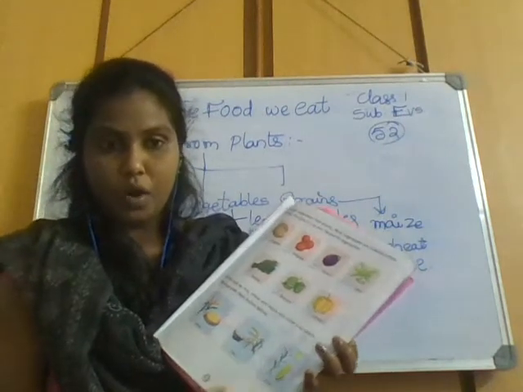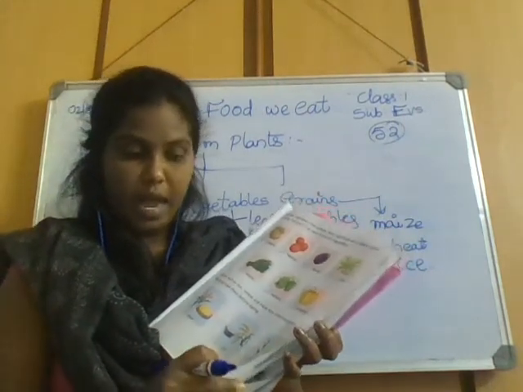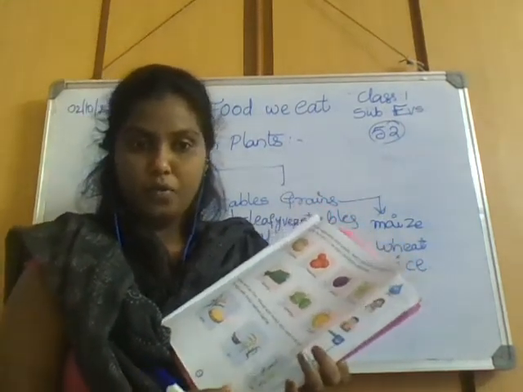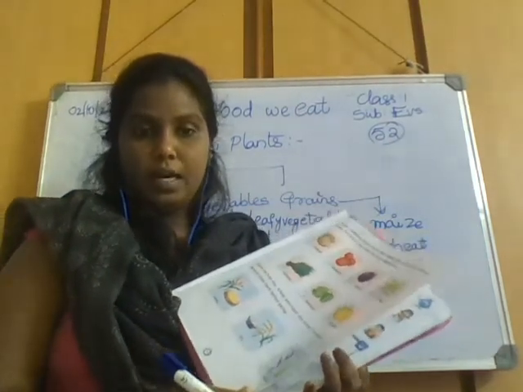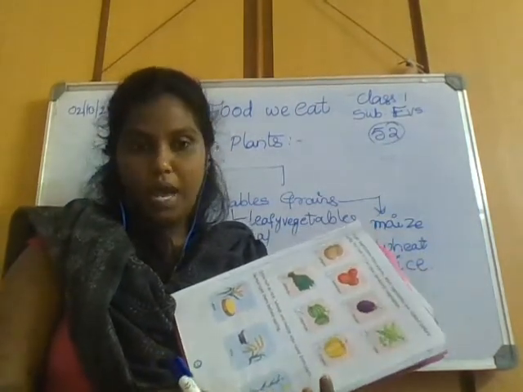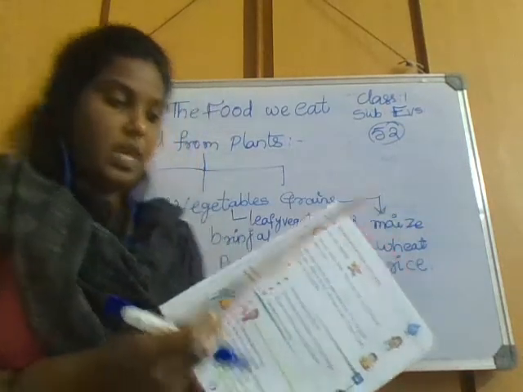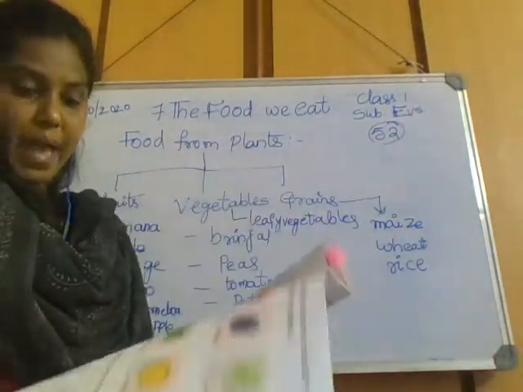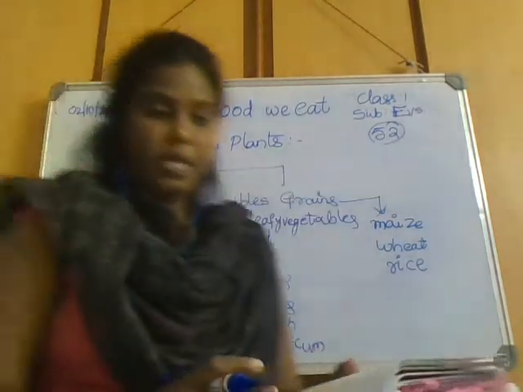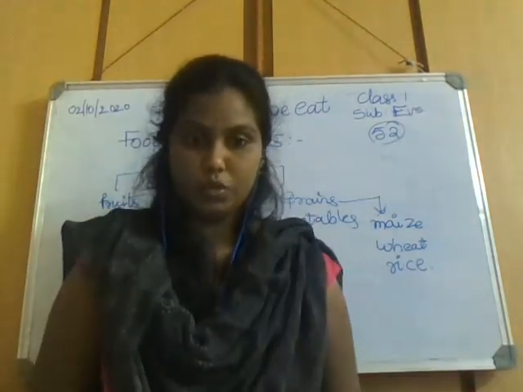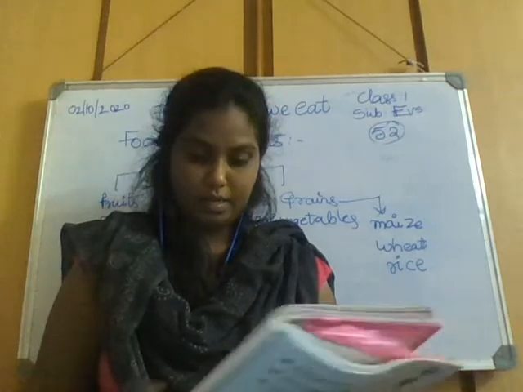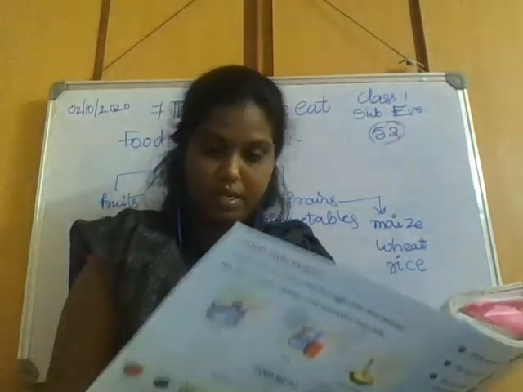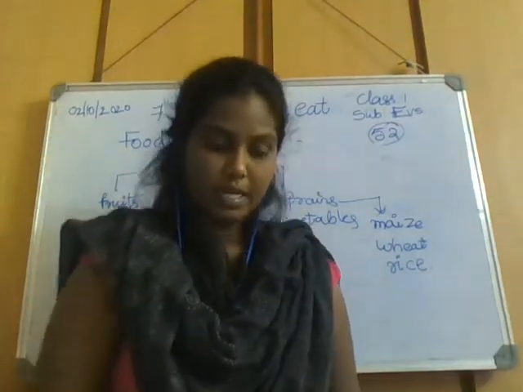Maize, with corn we can make a flour, and otherwise we will cook it as a food item also. In this way we get grains also from plants, and before eating the grains, you should cook them, otherwise you can't take them raw.